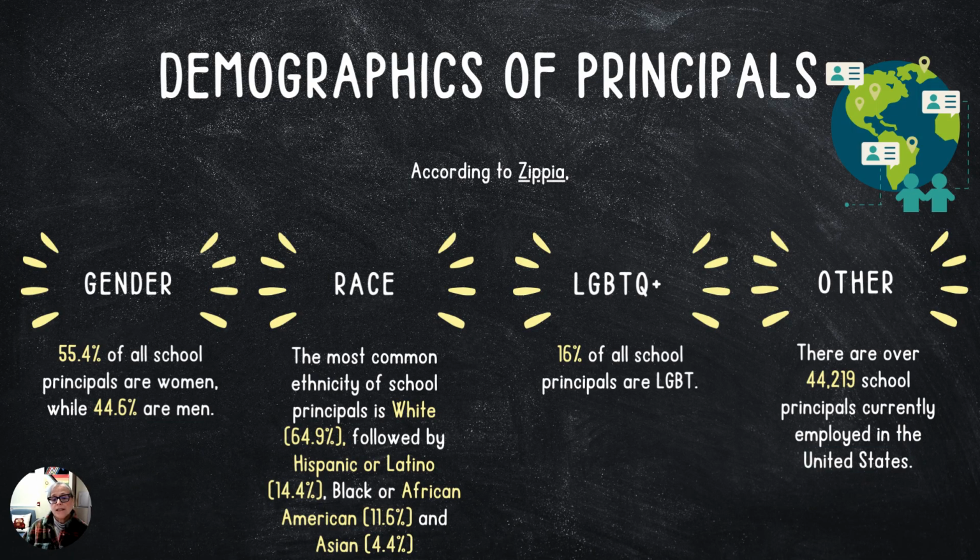Then she actually targeted the LGBTQ plus community to find out how many principals actually identify as part of the LGBTQ plus community. And then other. So you can think about what other demographics are important: rural principals, suburban principals, maybe private school principals versus public school principals. So you really can dig into the demographics, and that's what we would expect you to do.